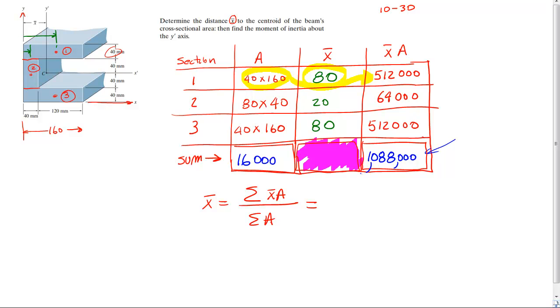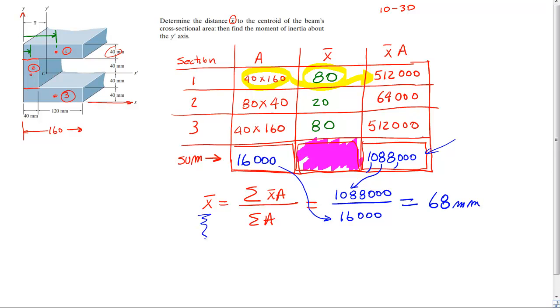Pretty big number. So all I need to do, pull this number right down here, 108,800 over this number here, becomes simply 68. And in this case, all the units are millimeters.